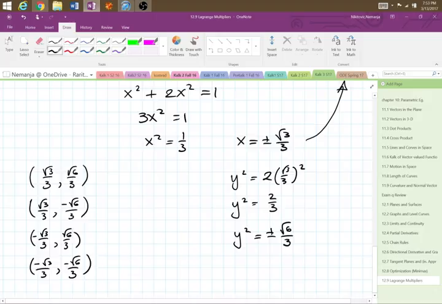Where does lambda come from? Lambda is the Lagrange multiplier, and what it says is that parallel gradients are a constant multiple apart.